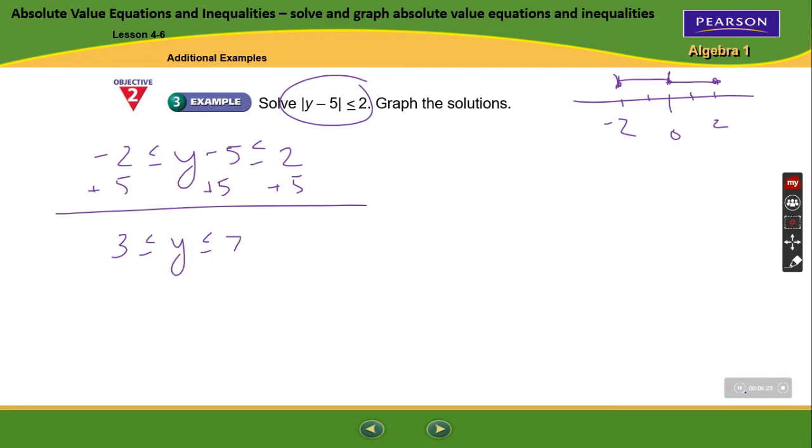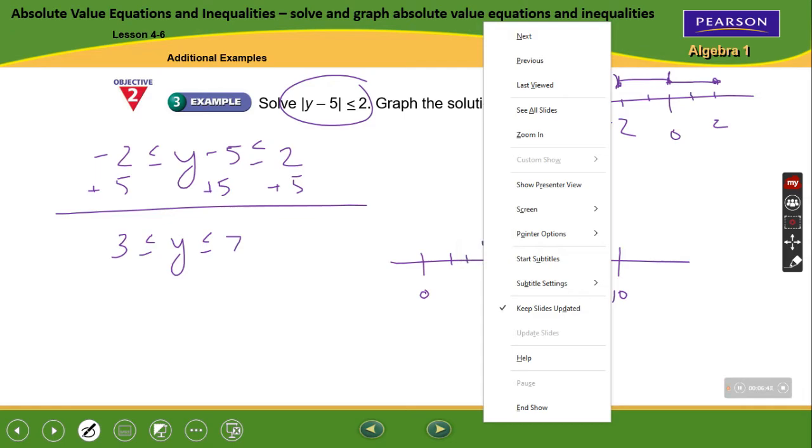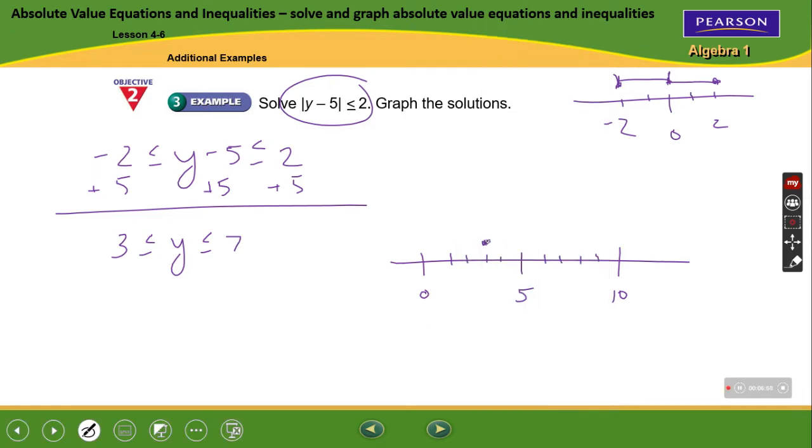So to graph our solutions, we're going to draw another number line. We'll start off with 0, 1, 2, 3, 4, 5, and so on up to 10. We've got two less than or equal to symbols at 3 and at 7. So we're going to go ahead and fill in a circle here, and a filled in circle here.